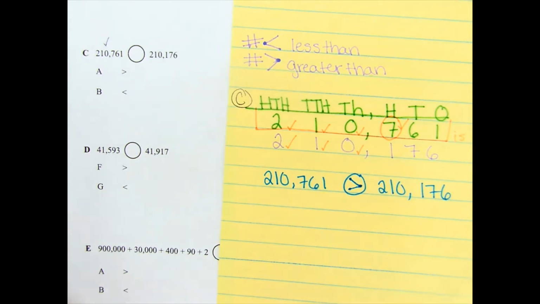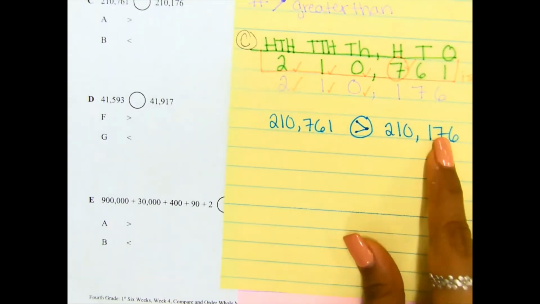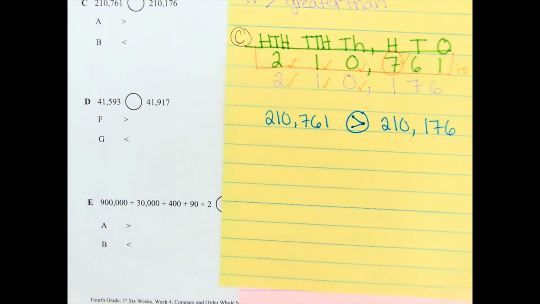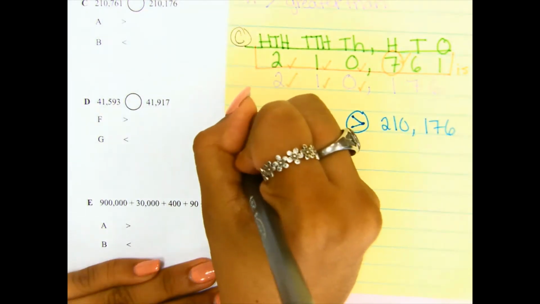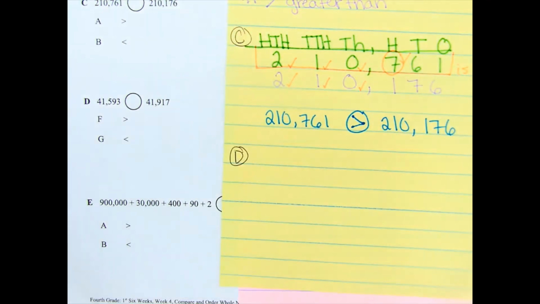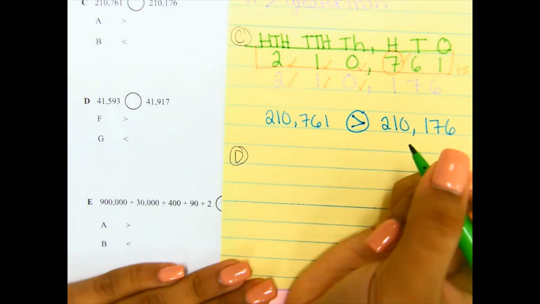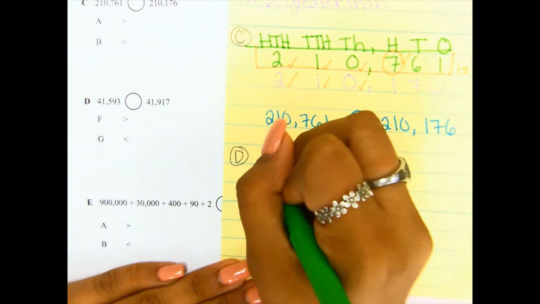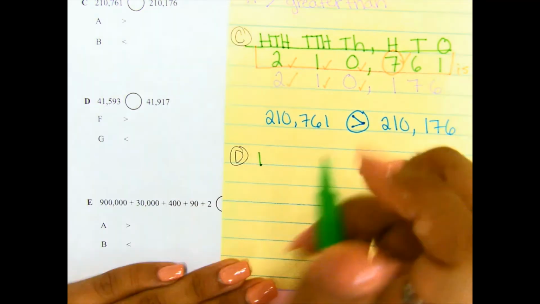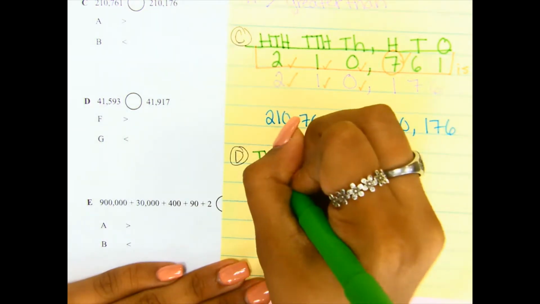Now let's look at letter D. And let's repeat the same process. Remember, every time I need you to do your place value chart. So I know D, this is now back to my 10,000. So I have 10,000.